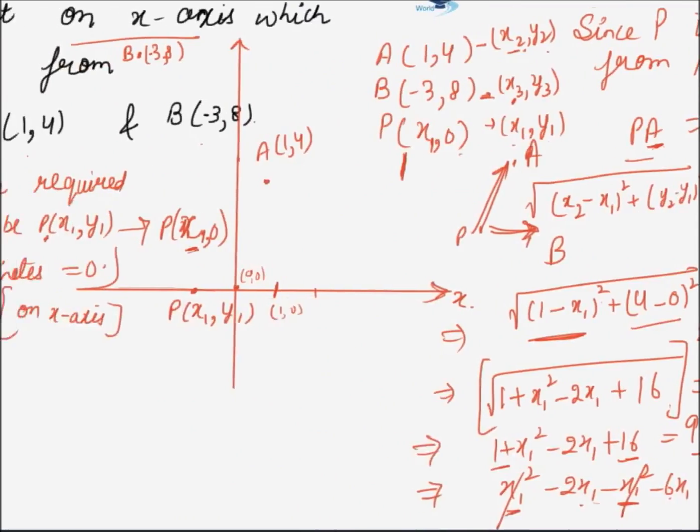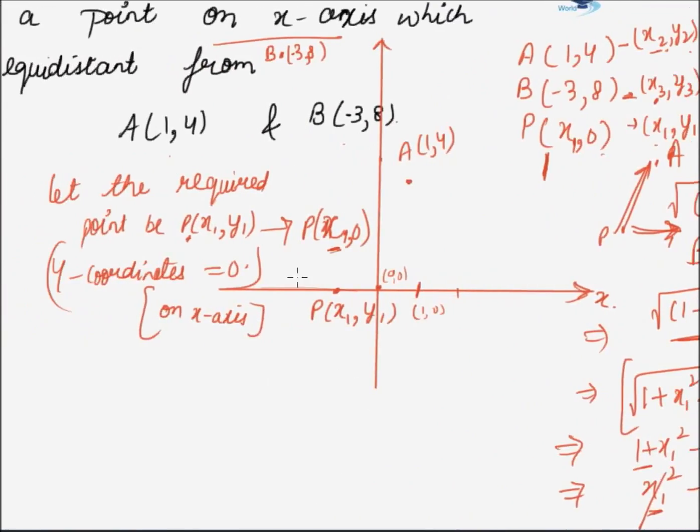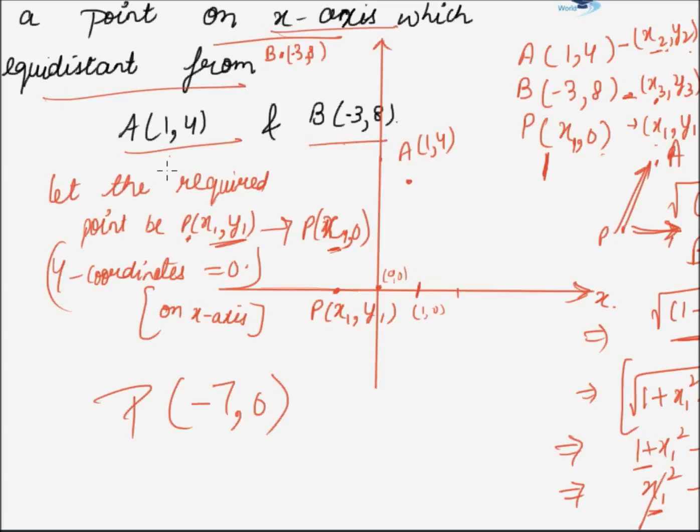Thus the value of P x1, y1 is P minus 7 comma 0. So the required point on x-axis which is equidistant from A 1, 4 and B minus 3, 8 is P minus 7, 0.